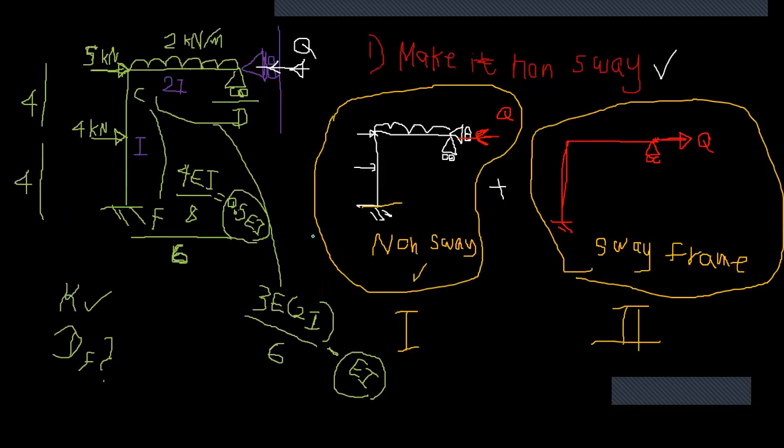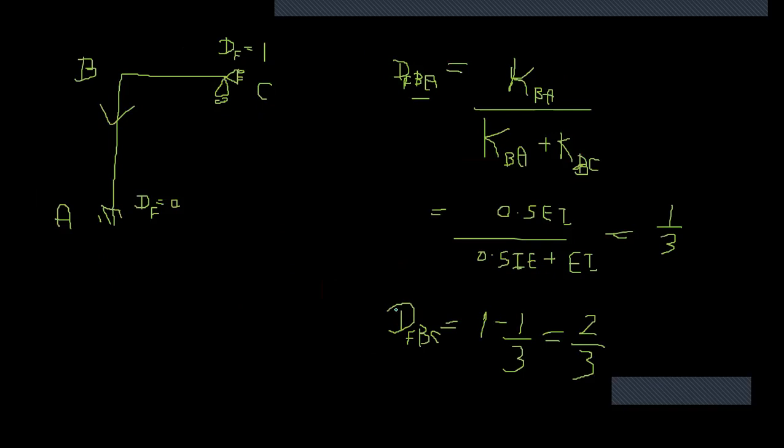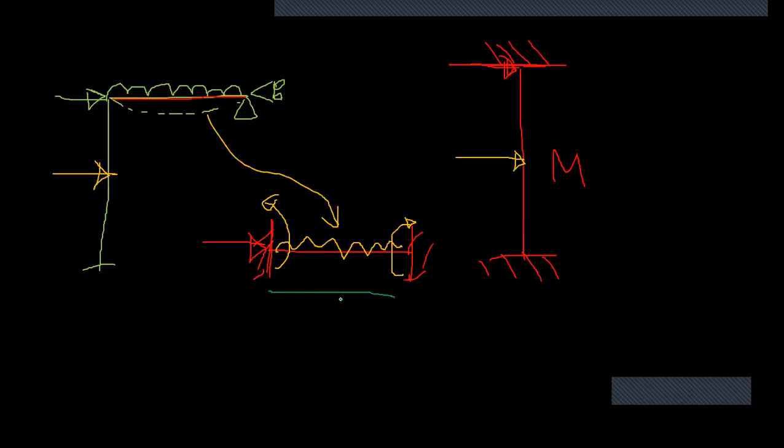So if this is 2 kilonewton and 6, we take clockwise positive, right? Here it's given as clockwise, okay? I will just write. So this is going to be W L squared over 12.